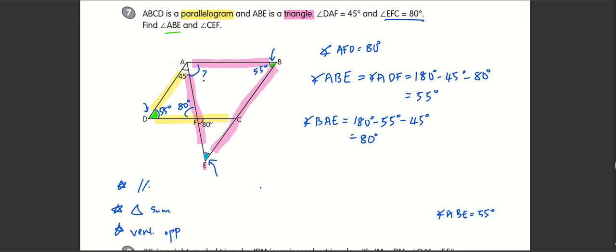So with that, I found here is 80 degrees. I can find the required angle CEF with the sum of angles property: 180 degrees minus 80 degrees minus 55 degrees, and you get your answer for angle CEF.